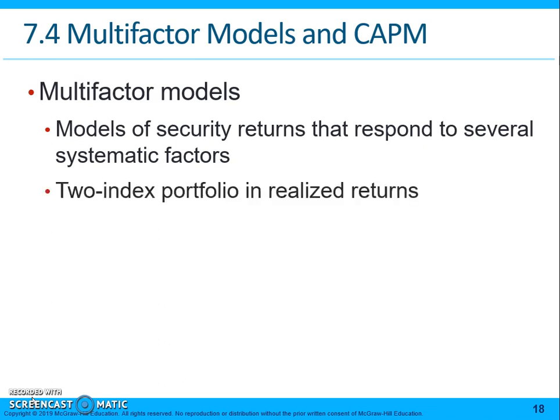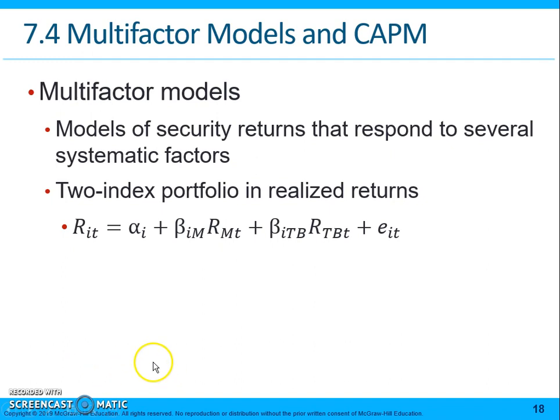An example of a two-index portfolio here. So we have again, our capital R_it, the excess return for security i in period t, is equal to its alpha. In this case, we've got a beta for security i in relation to the excess return on the market.